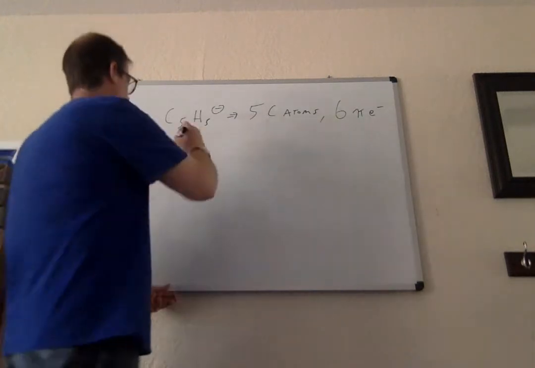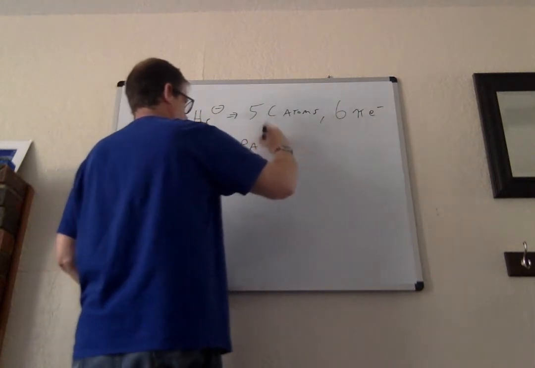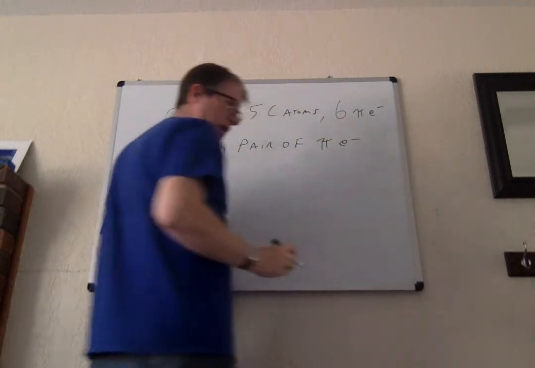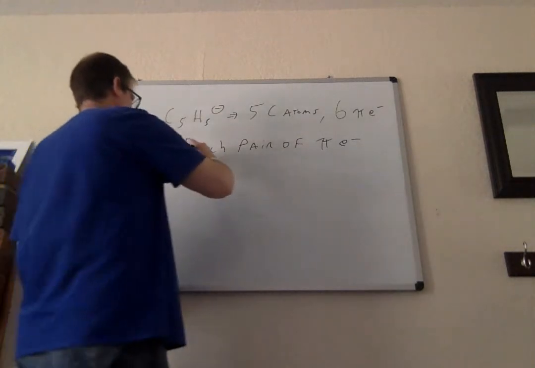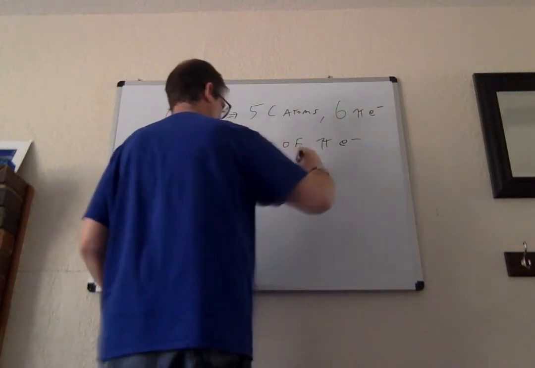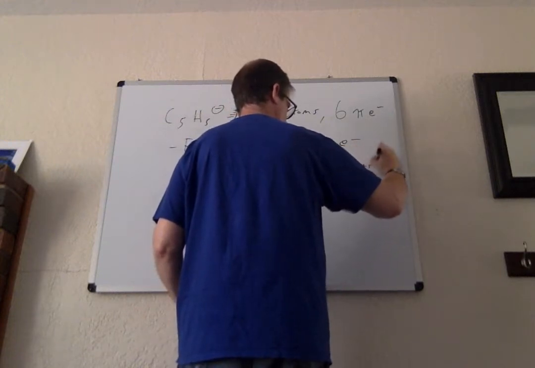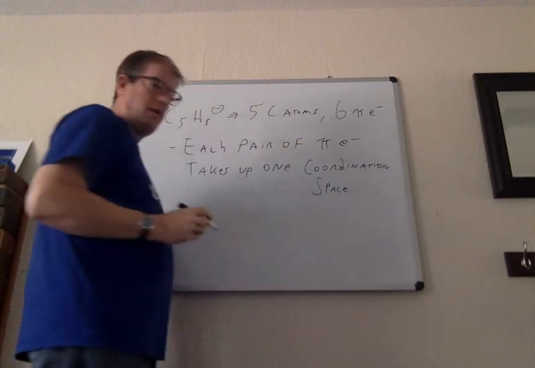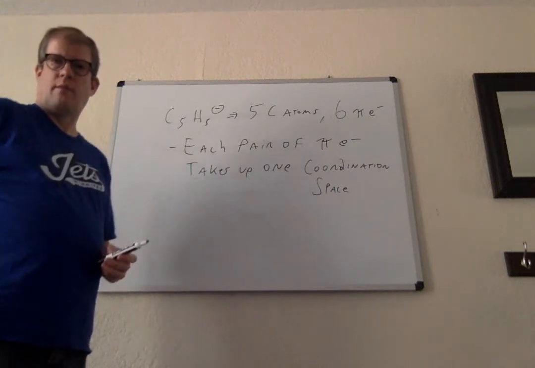Here's how you figure it out. Each pair, not each individual, each pair of pi electrons takes up 1 coordination space or 1 coordination site.